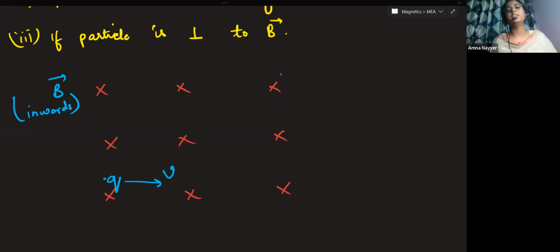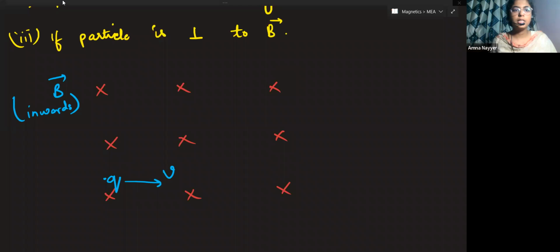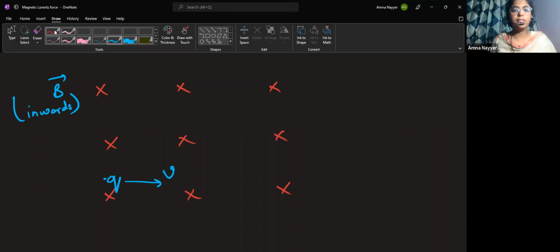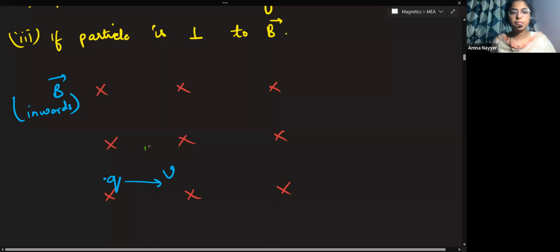The force will be upwards. Velocity curling towards the magnetic field, force is upwards. This is how we calculate it.